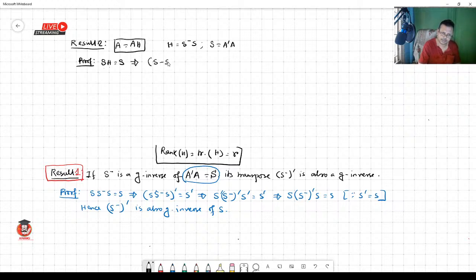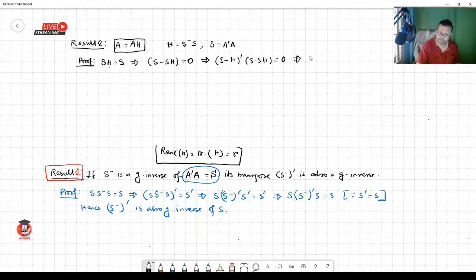So therefore, S minus SH should be 0, a null matrix. Then S minus SH, if you pre-multiply by matrix (I minus H) prime, this also gives 0.